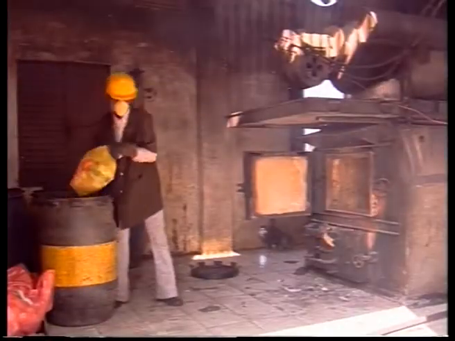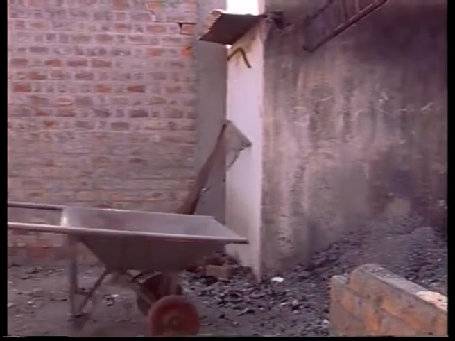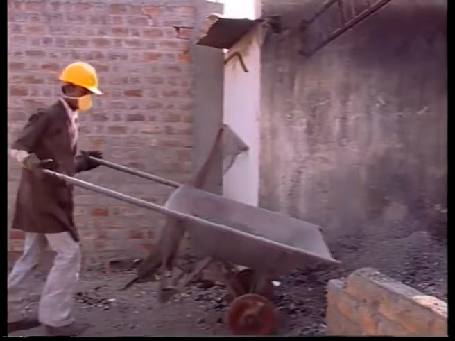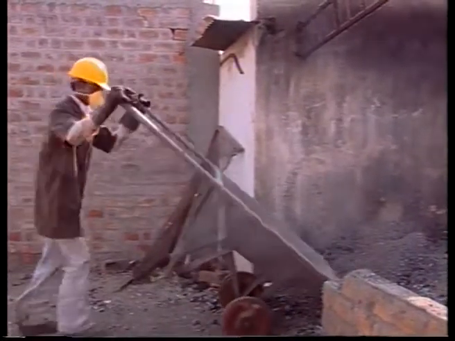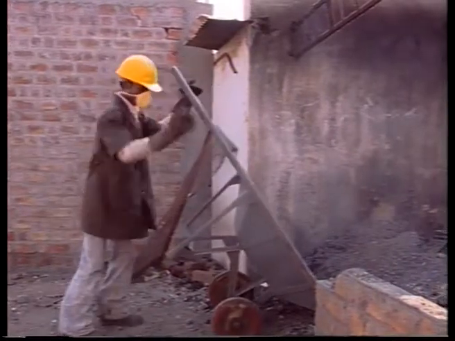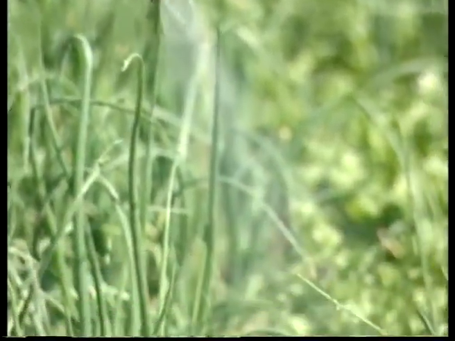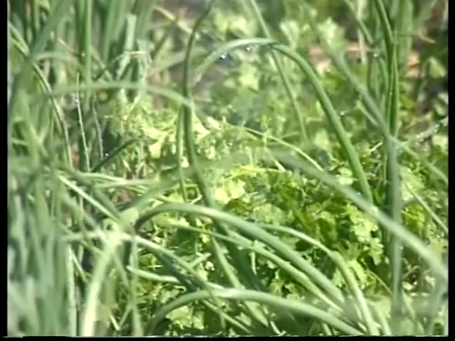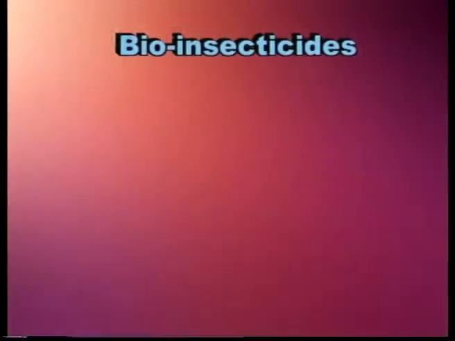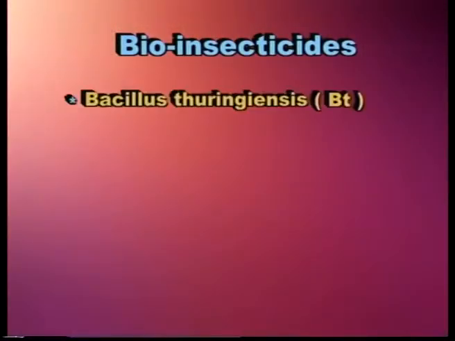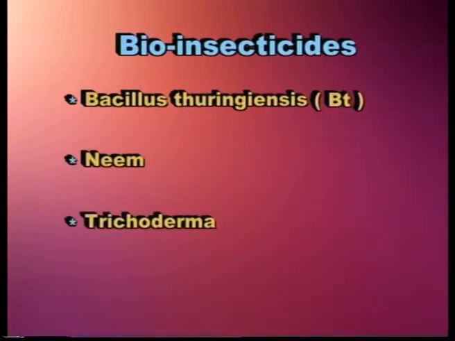Industries should treat their waste and dispose of it in a proper way using appropriate technology. Soil pollution can also be reduced by using bioinsecticides like Bacillus thuringiensis, neem, and trichoderma, which are eco-friendly and do not pollute soil.